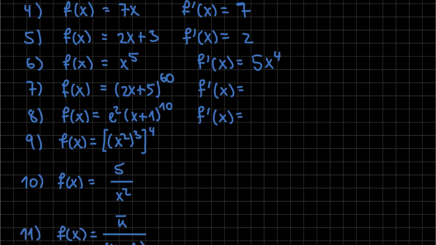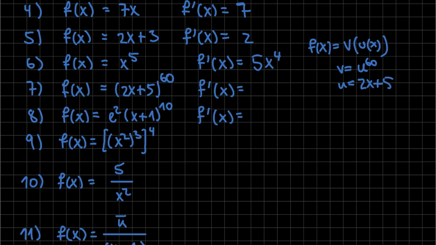Next we have f of x equals (2x plus 5) to the power of 60. Now if you were to expand this into a very big polynomial, that would take a very long amount of time. So why don't we use the chain rule, since we have a small function here, 2x plus 5, and then the other function would be raising that to the power of 60. So we can say that f of x equals v of u of x, and v equals u to the power of 60, and u equals 2x plus 5.